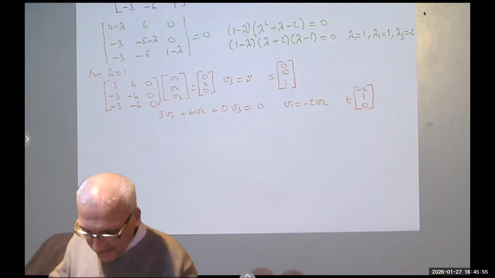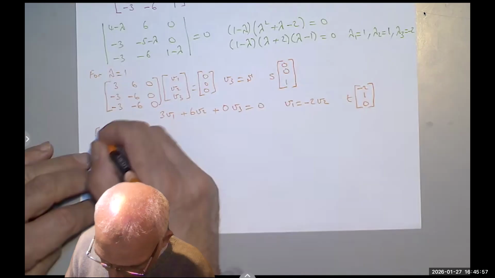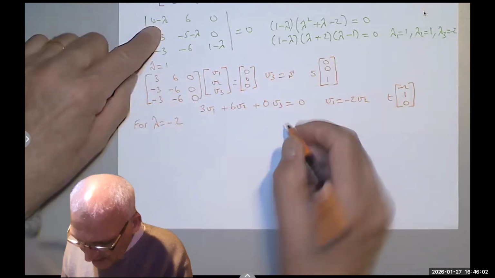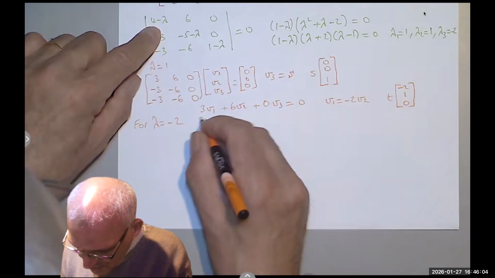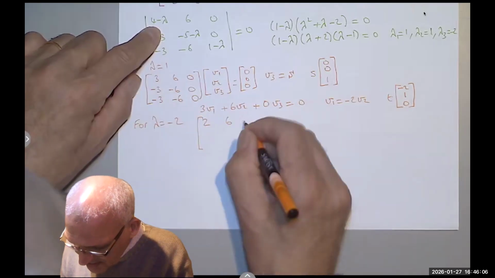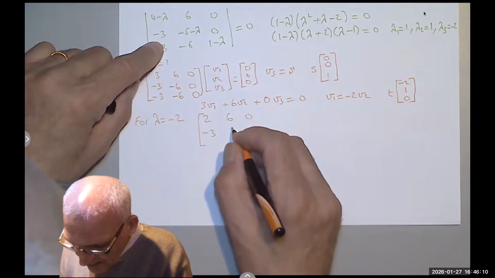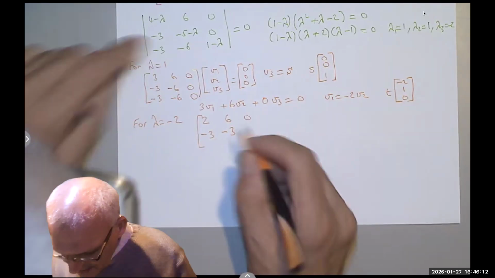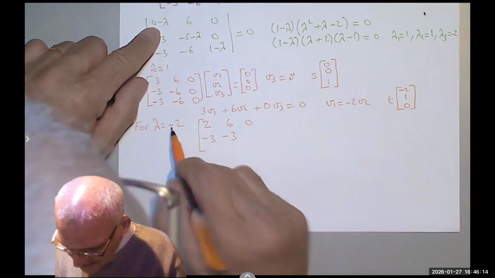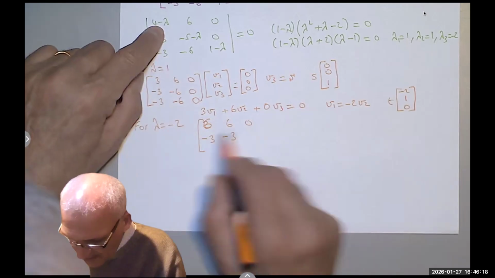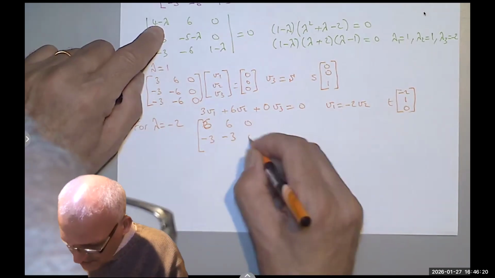Finally, I would say for lambda equals -2. 4 minus 2 is 2. 6, 0. -3. -3. Wait a second. This is 6. 4 minus -2. -3, -3, 0.